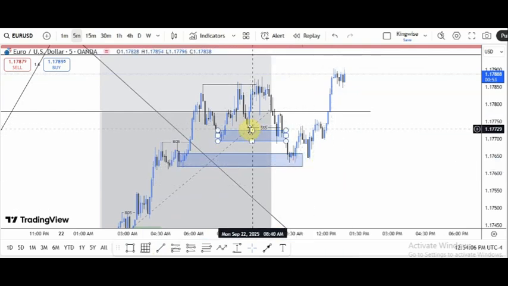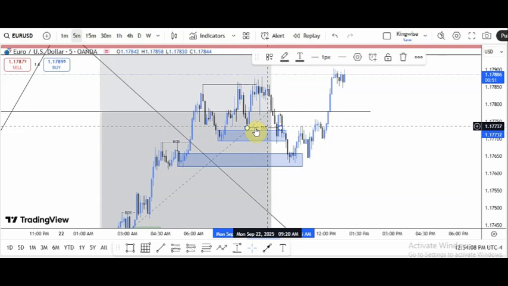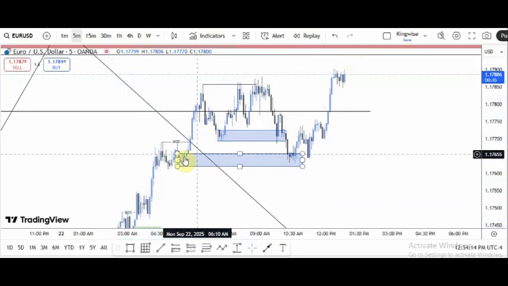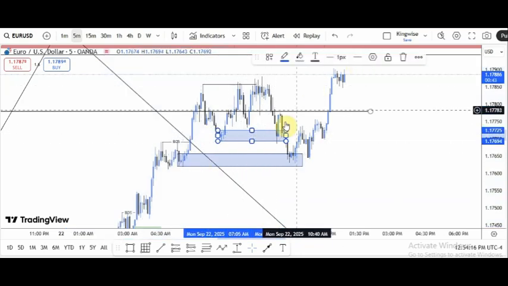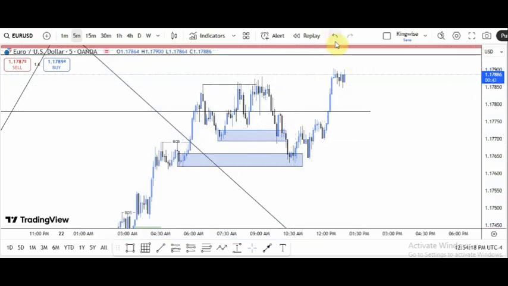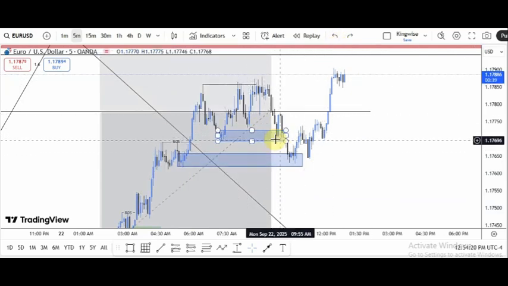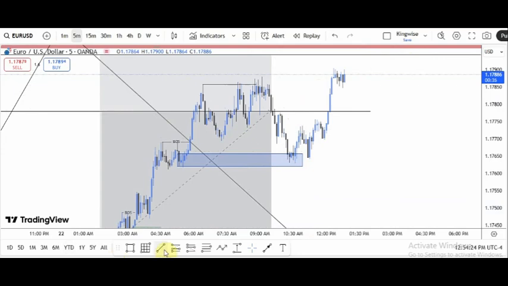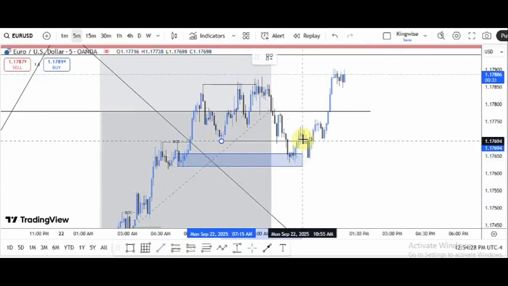So with the knowledge of liquidity, you would be waiting for liquidity to be swept. This is your liquidity that needs to be taken out. You see it?